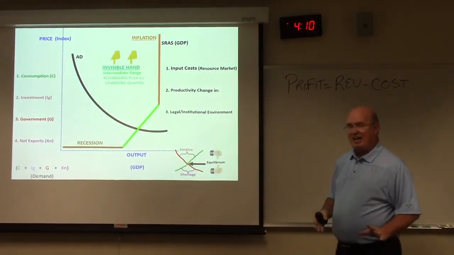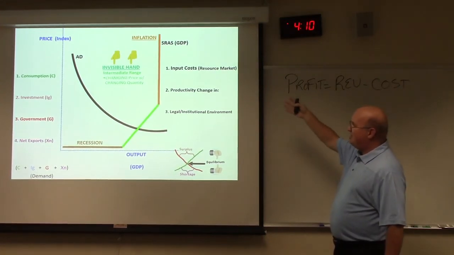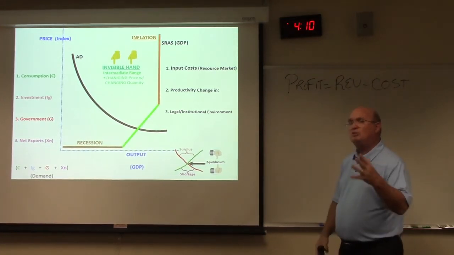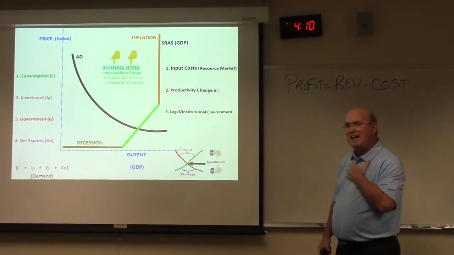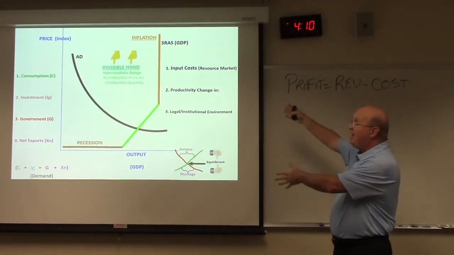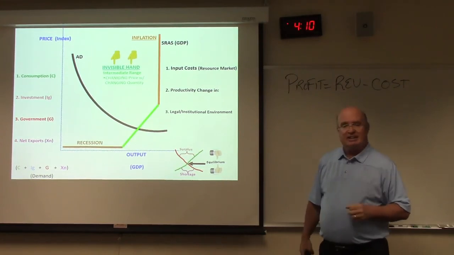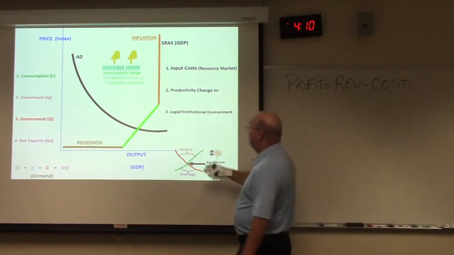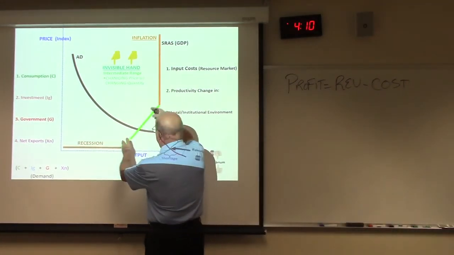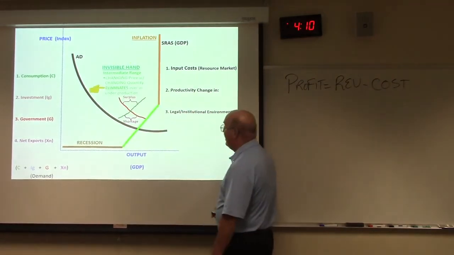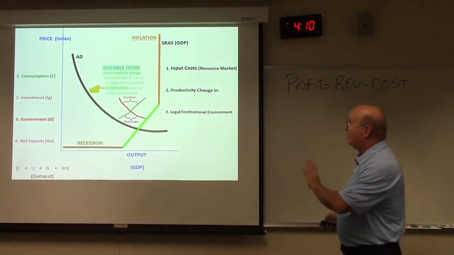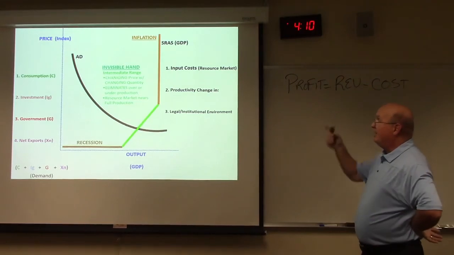The idea being is if we're in inflation and we're in recession and households are our own worst enemy, this is where we want government to give us a quick nudge to try to get us to go this direction. And that's where we're looking at with this thing. All right?